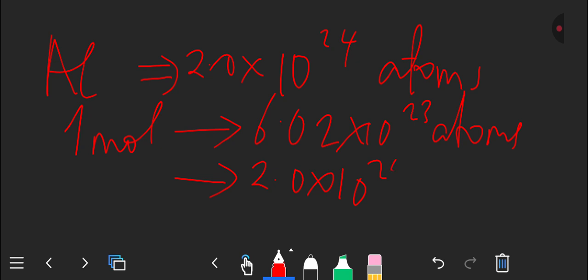Now, how many moles are in 2.0 times 10 to the power 24 atoms of aluminium? So we put X here. Then we cross multiply.